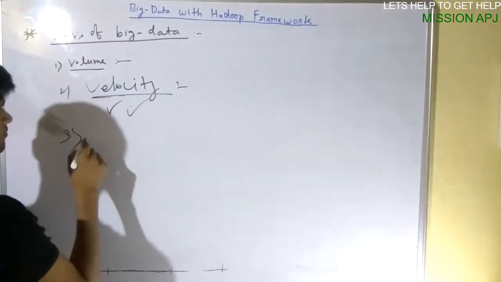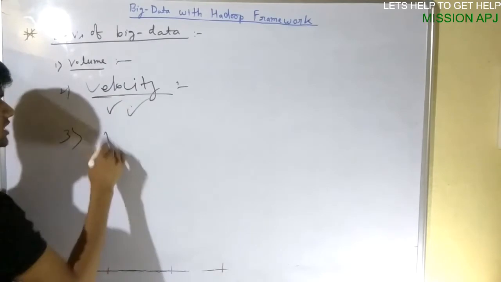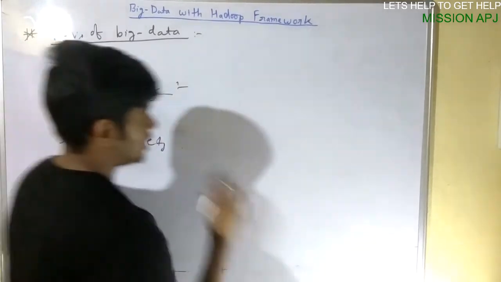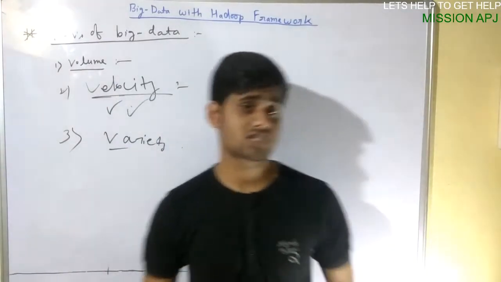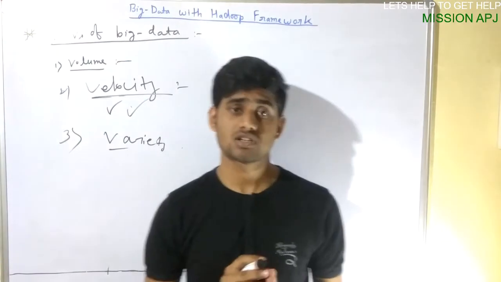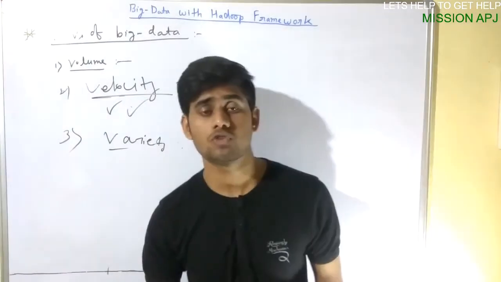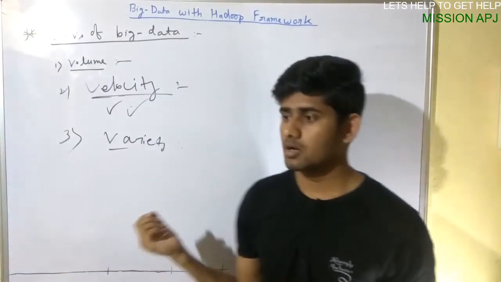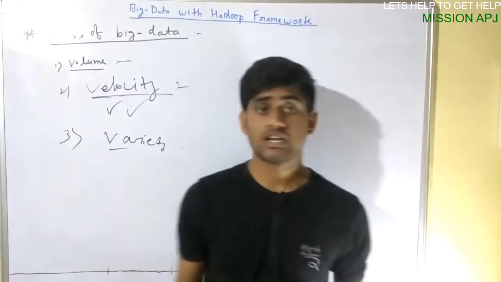Now the third one, after volume and velocity, is variety of data. Big data is not only structured data, it has unstructured, semi-structured and structured data. So it is a combination: video files, text files, XML files, log files, pictures, relational data.